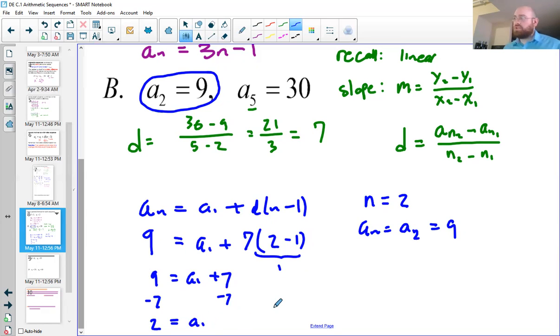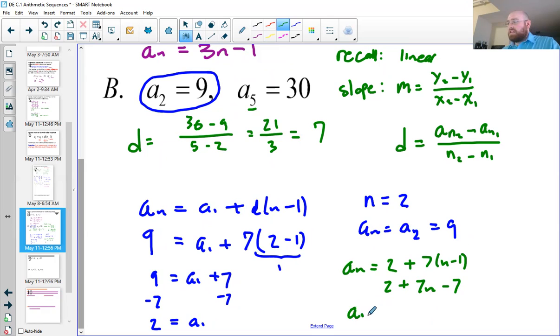So what we're able to do now is, let me go back to our first color, green. AN is equal to 2 plus 7 times n minus 1. And I can distribute once more to get 2 plus 7n minus 7.